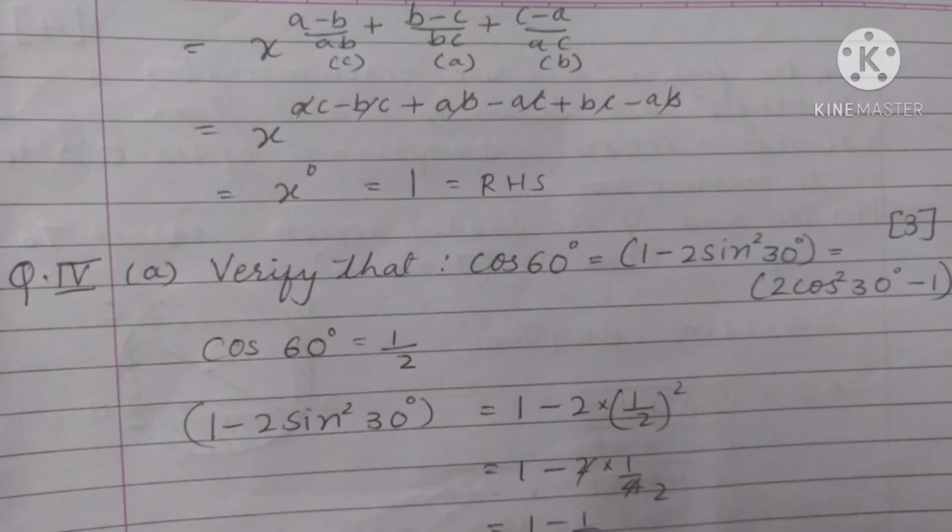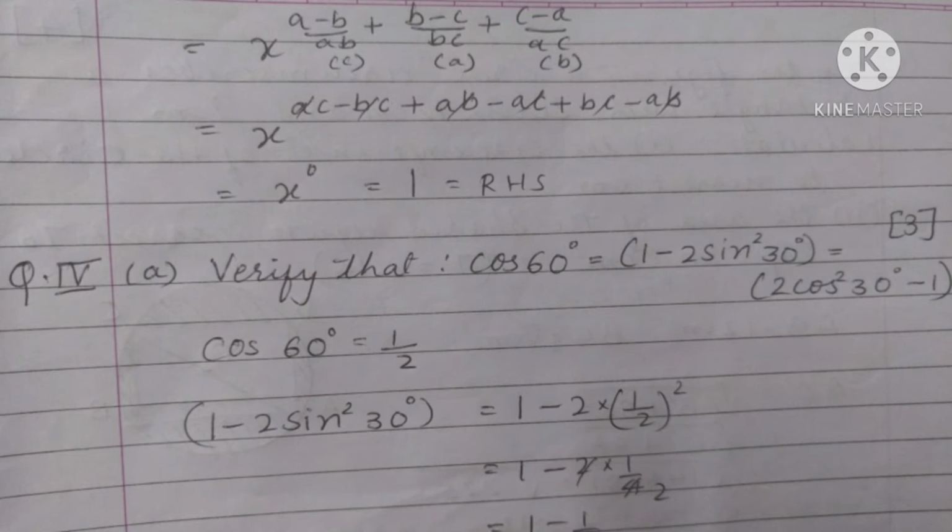So now they all are in multiplication, so we can add the powers. So here x raised to (a minus b) upon ab plus (b minus c) upon bc plus (c minus a) upon ac. So now taking LCM, wherever it is ab we need c, wherever bc we need a, and for ac we multiply by b, so that whichever alphabets are written in the bracket, we multiply with the numerator.